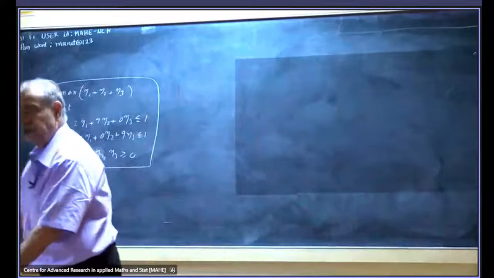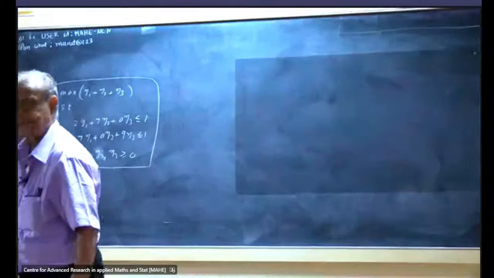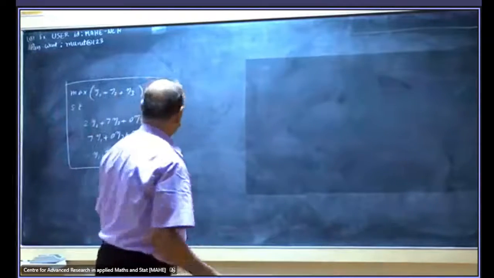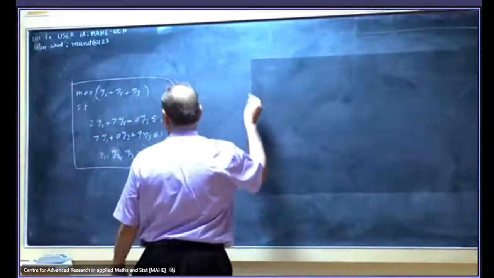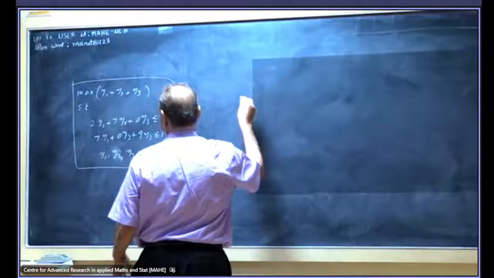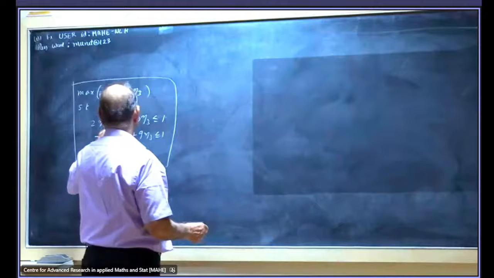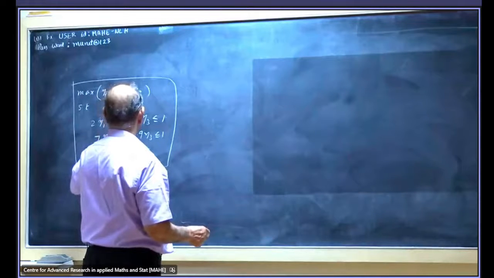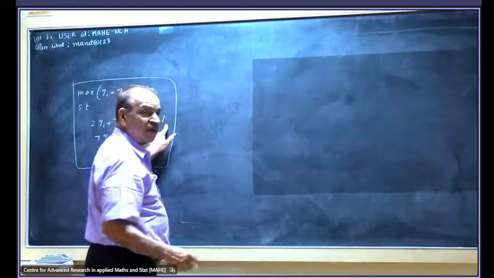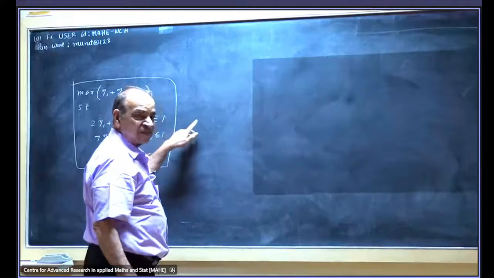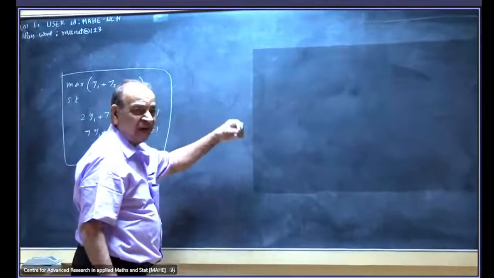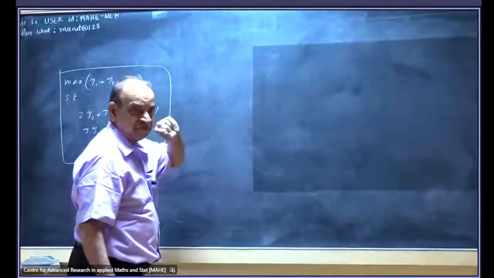I will give you these notes also, but in the meantime, see whatever is this gap, 2 eta 1 plus 7 eta 2 plus 0 eta 3 is less than or equal to 1. Whatever is this gap, I can replace the gap by a new variable.